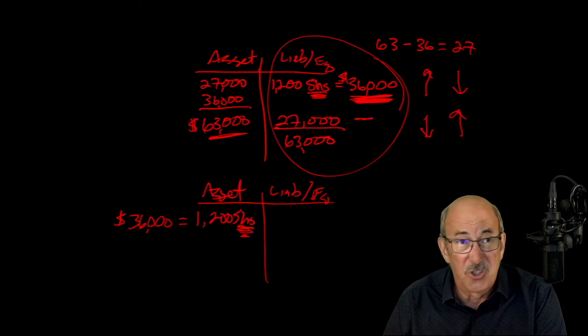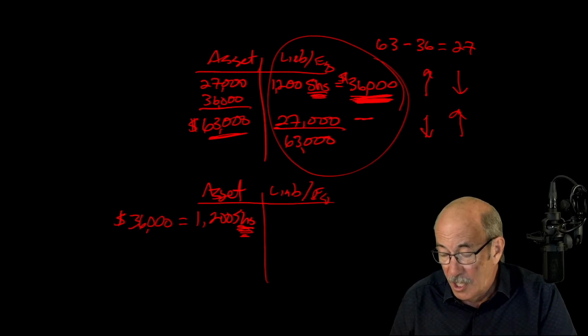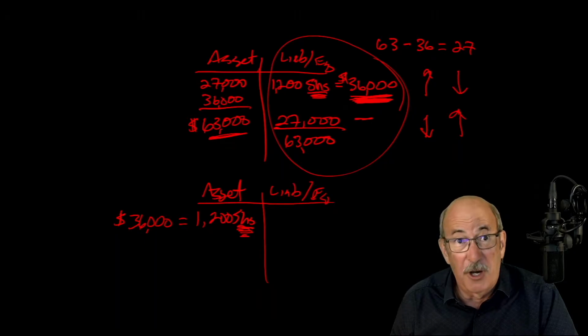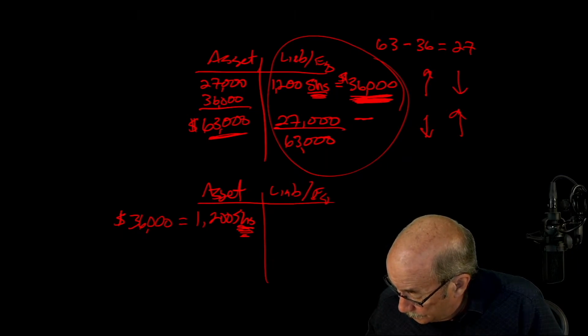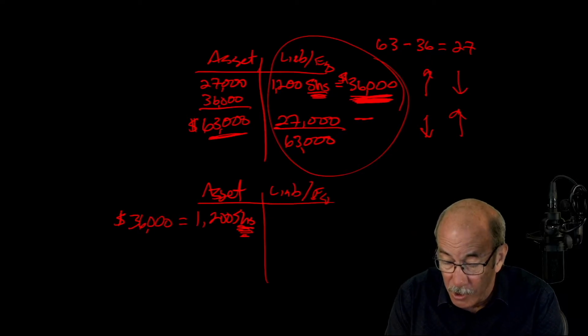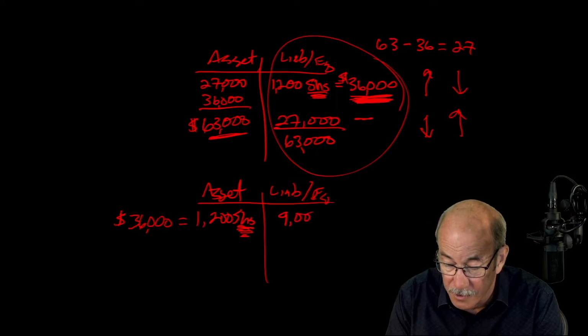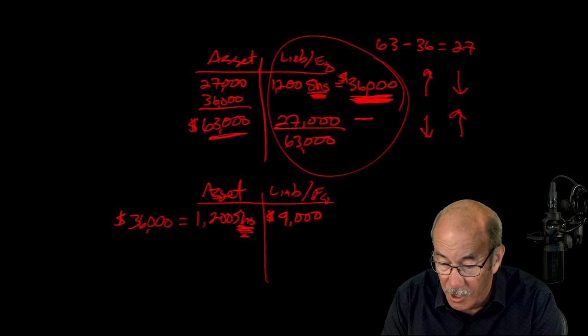And if we did the same margin, 75% of our own money and 25% that we borrowed, we'd borrow $9,000, and we would put up the $27,000.